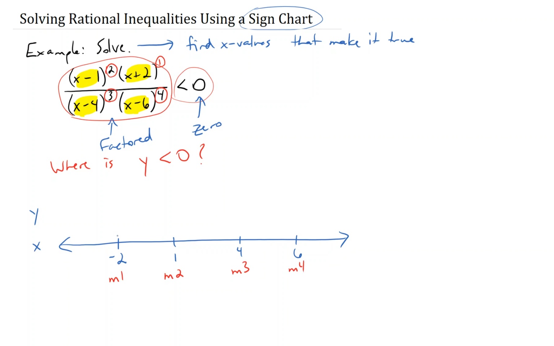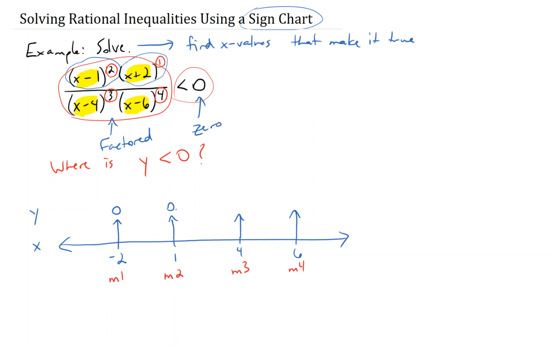Now, let's list the y values for each of these zeros, for each x value here. If I plug negative 2 into all the x values for the fraction, it's going to make my numerator 0. And you can check that out. And then 0 divided by a number is 0. So the y value I get when I plug negative 2 in for x is 0. If I plug 1 in for x, it makes my numerator 0 again.